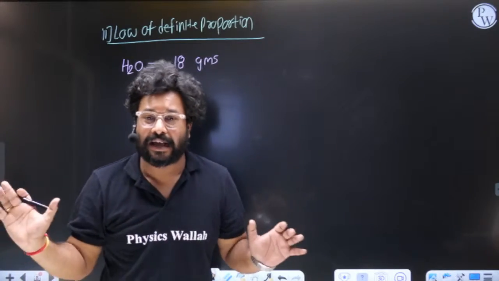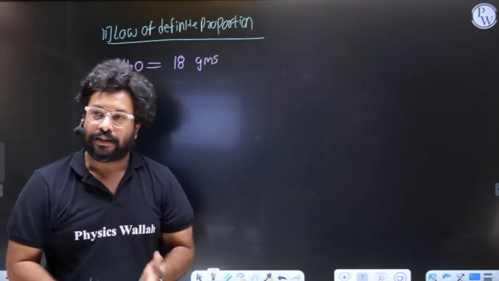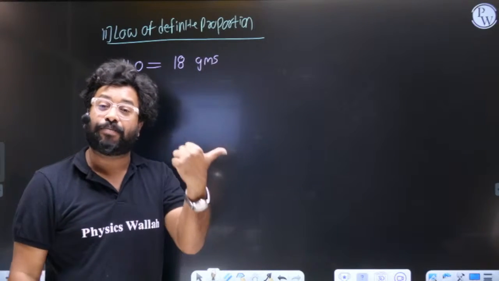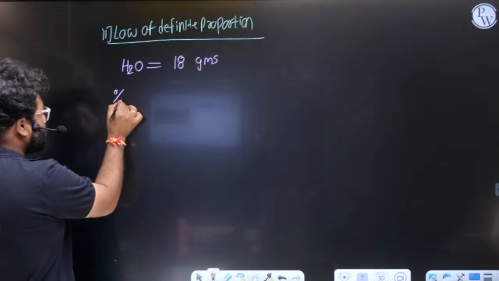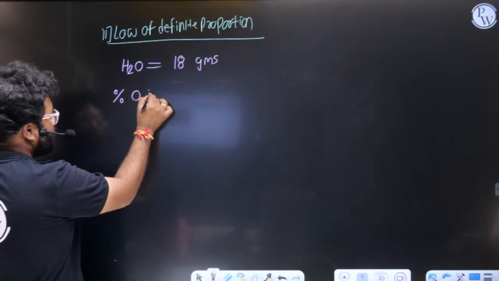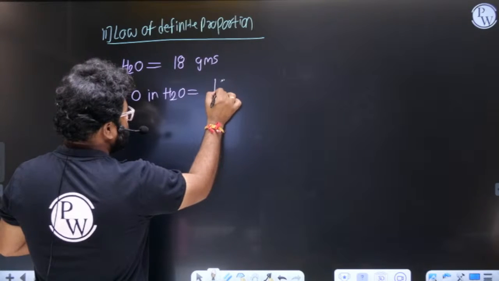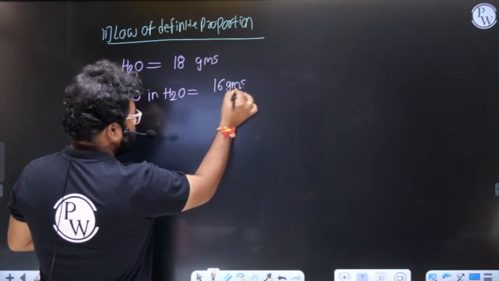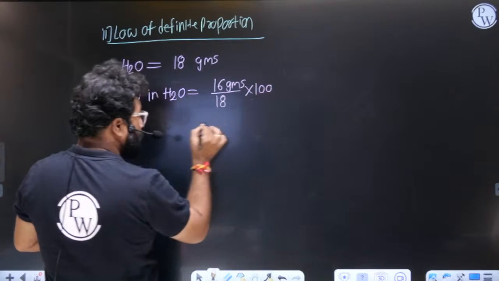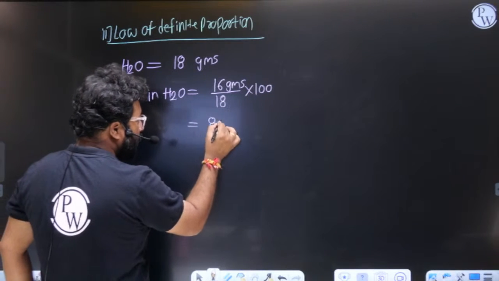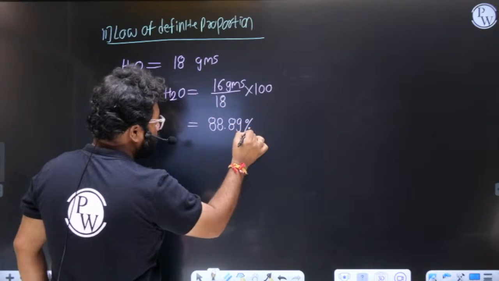Out of that 18, 16 grams is possessed by oxygen. So the percentage of oxygen in H2O is 16 grams divided by 18 grams multiplied by 100, and this comes out to be 88.89%.